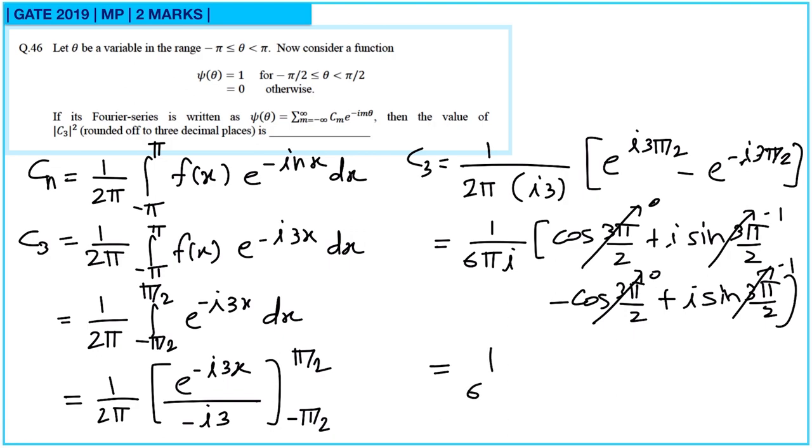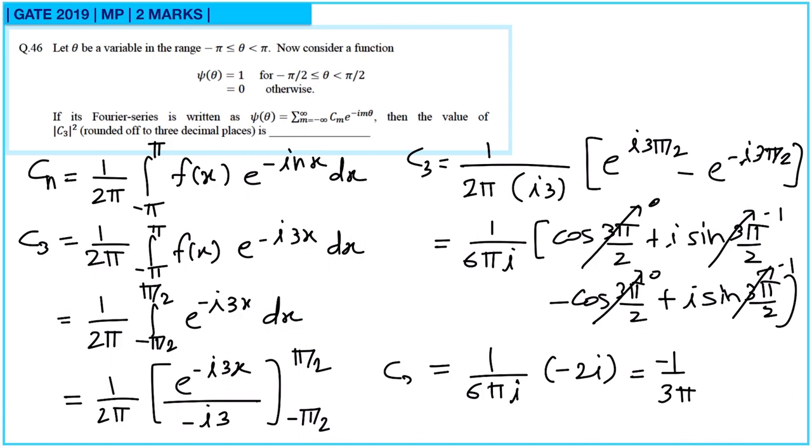So we have 1 upon 6 pi i into minus of 2i. So this i and i will cancel out and we will get the answer minus 1 upon 3 pi.